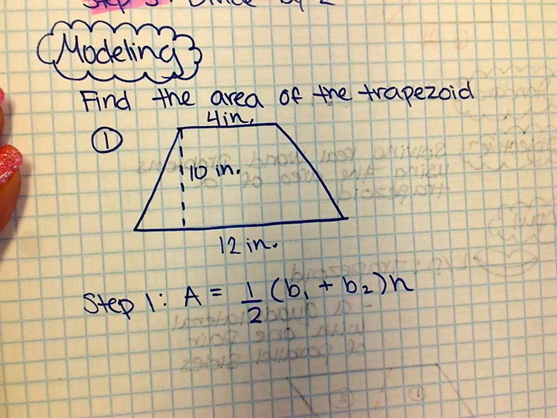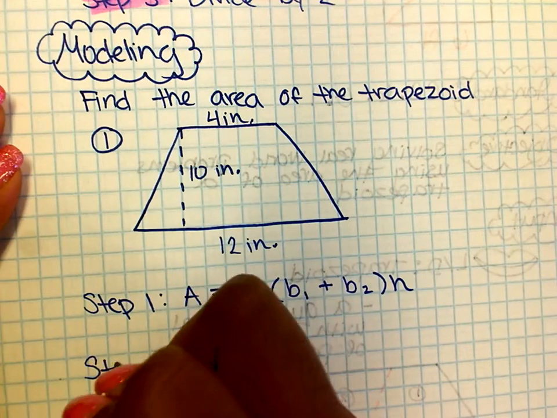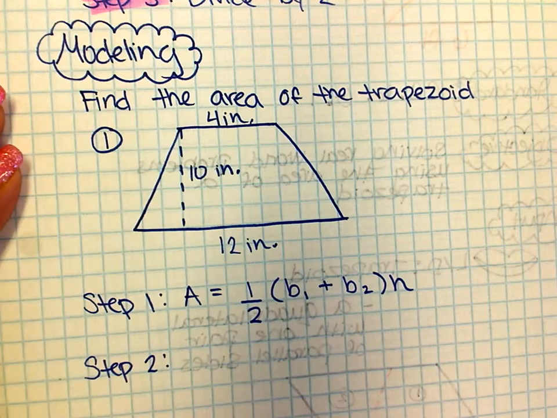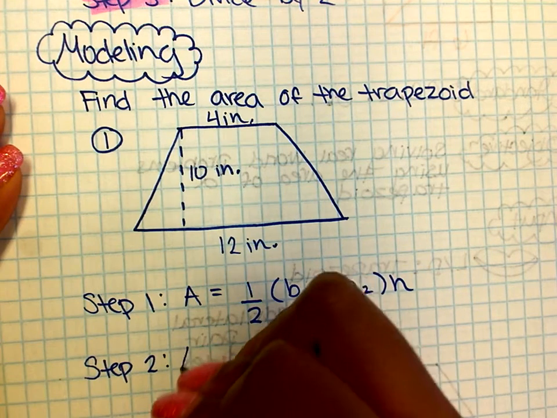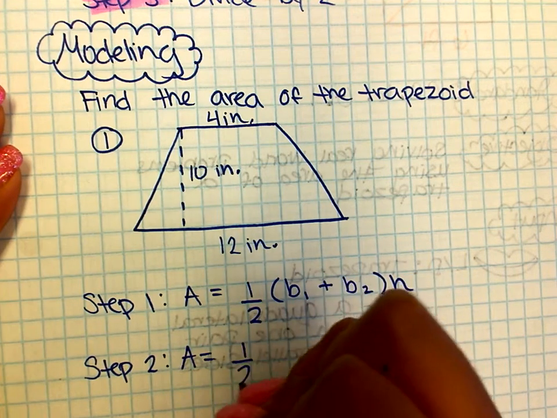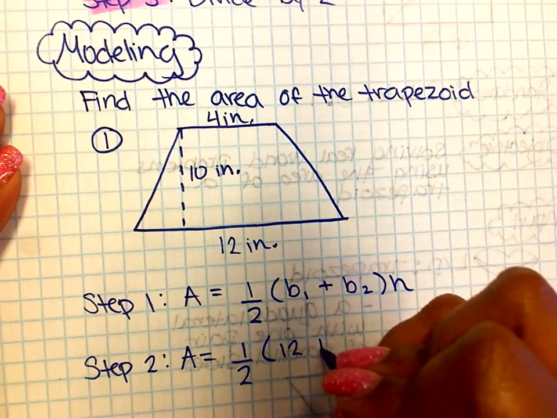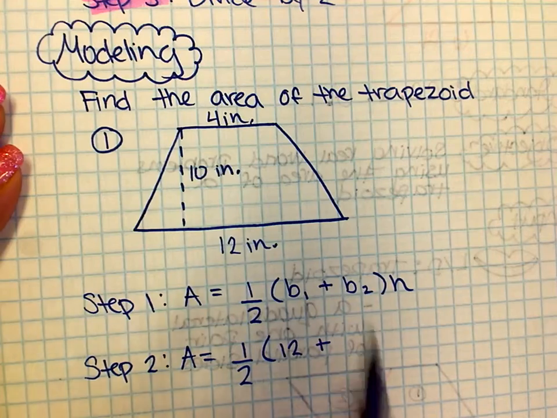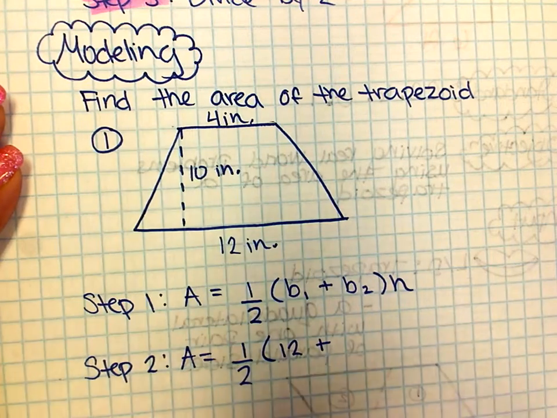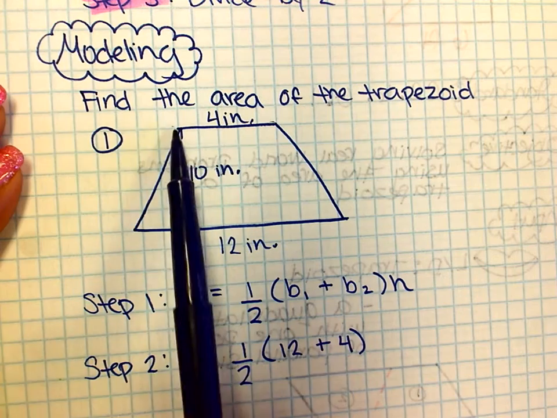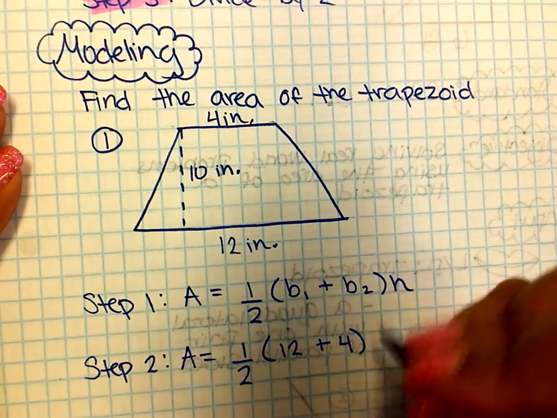Step 2 tells me to substitute in the numbers for the letters. Okay, so my area equals 1/2. My first base is 12. Doesn't matter which one you pick. Plus, my second base is 4. Times my height, 10.